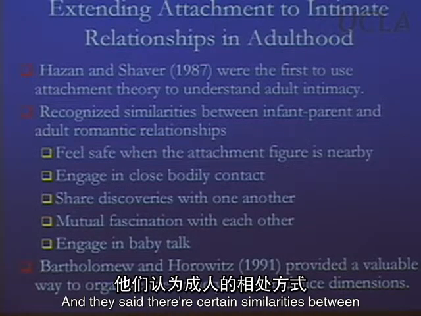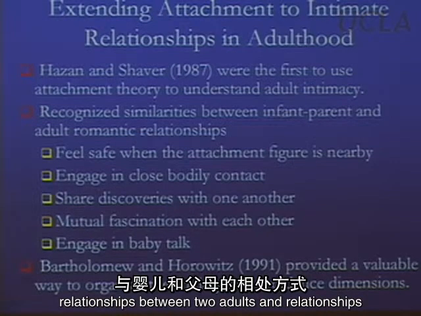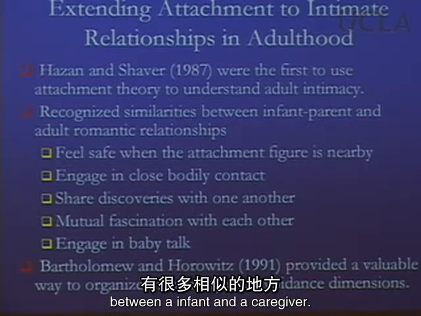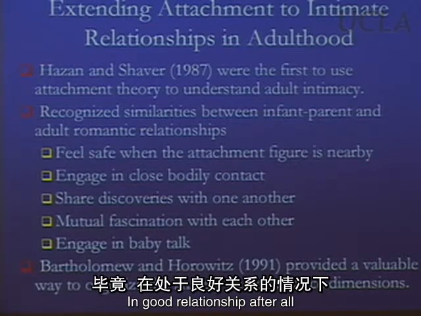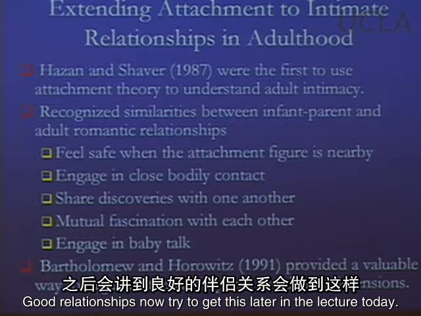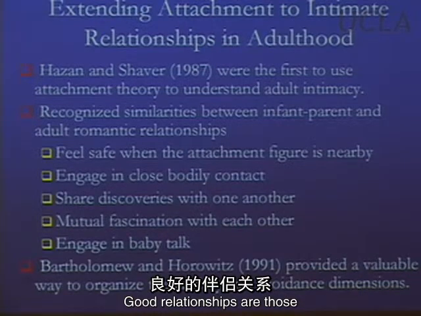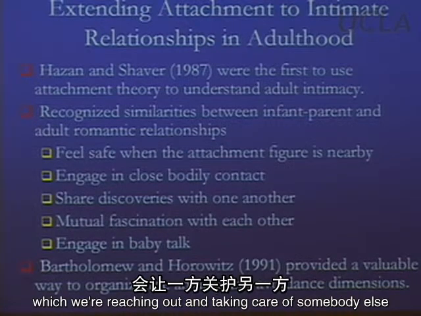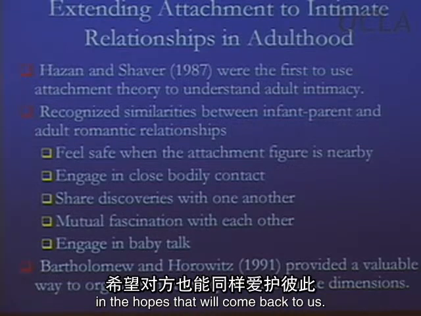And they said, well, there are certain similarities between relationships between two adults and relationships between an infant and a caregiver. In good relationships, after all, we're taking care of one another in adulthood. Good relationships, and I'll try to get to this later in the lecture today, are those in which we're reaching out and taking care of somebody else in the hopes that that will come back to us.